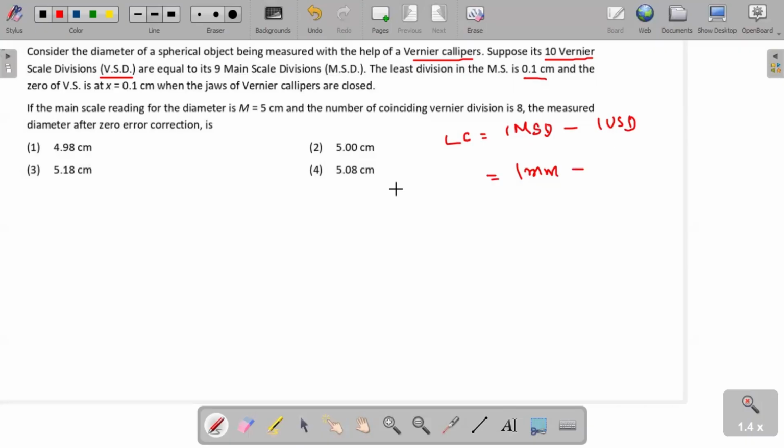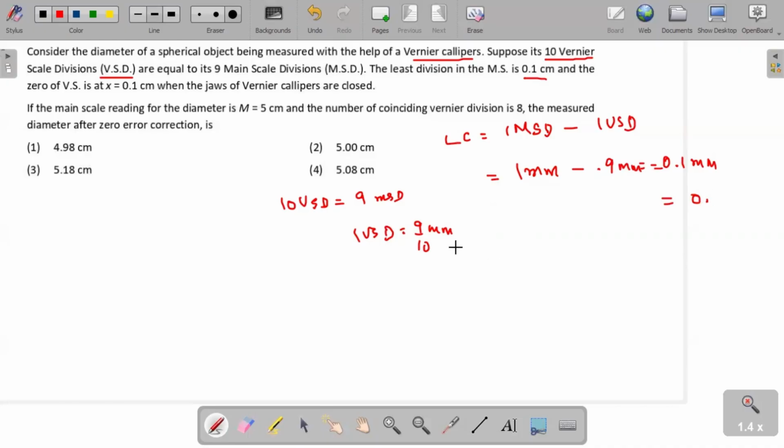Minus, here it is given that 10 vernier scale divisions coincide with 9 main scale divisions, so 1 vernier scale division is equal to 9 by 10 millimeter, so 0.9 millimeter, which is 0.1 millimeter.